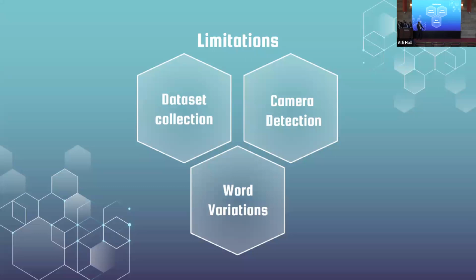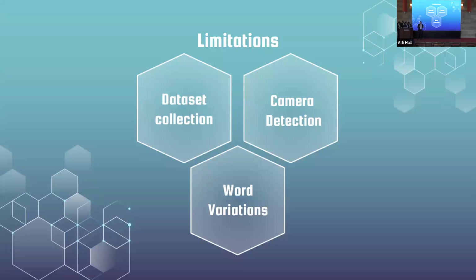So the next limitation is the camera detection. As you have seen, we already use the camera to capture some frames with some resolution. If the resolution is very low, our keypoint detecting algorithm will fail to detect multiple points, which will then lower our model performance. So we need to solve such a case.